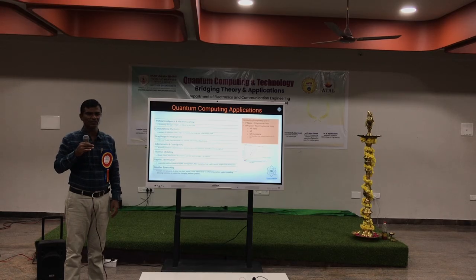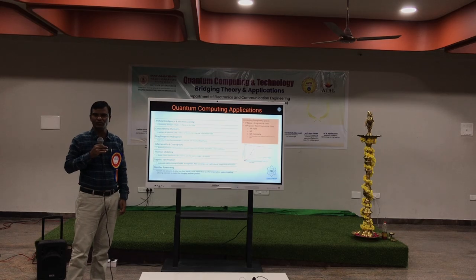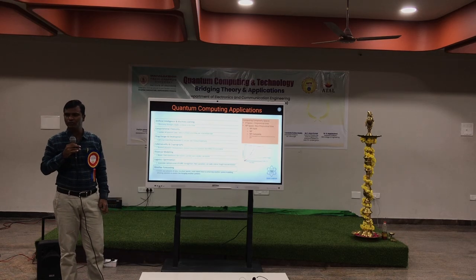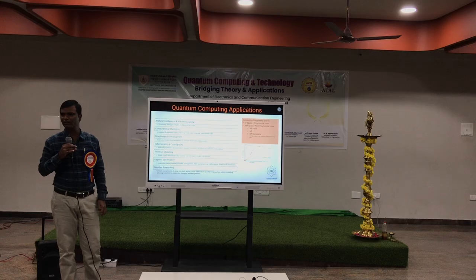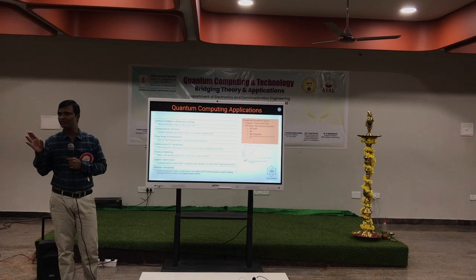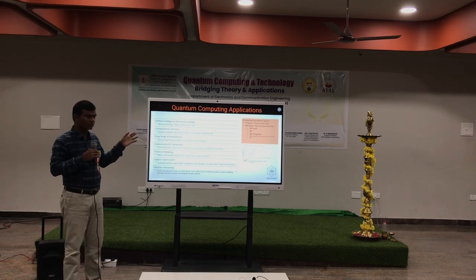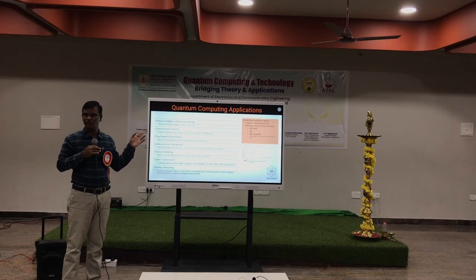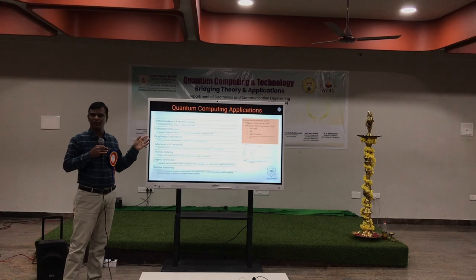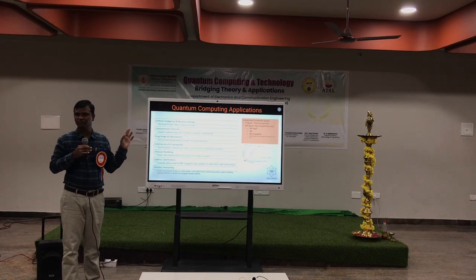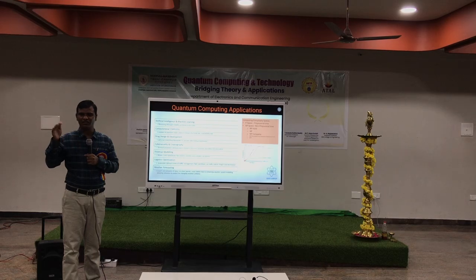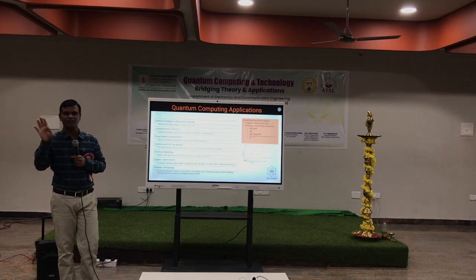JP Morgan and Wells Fargo, these are two major banks in the US, and they are using these quantum principles and have developed an algorithm. They are making billions of dollars in options. That again is a different story, that is the share market.